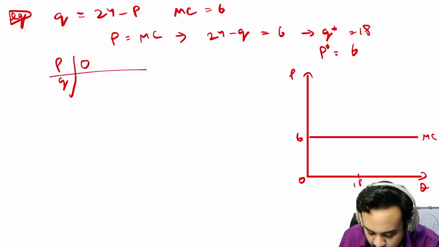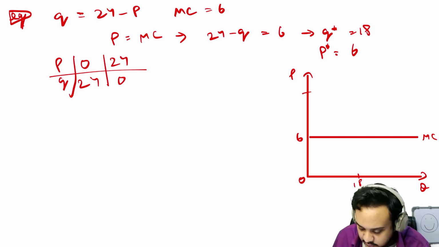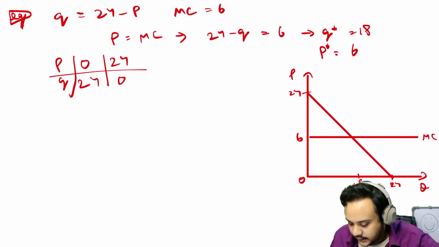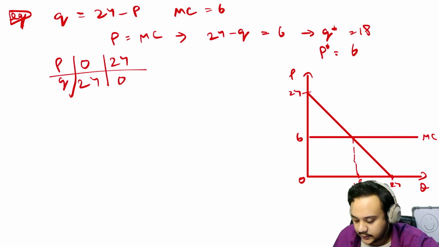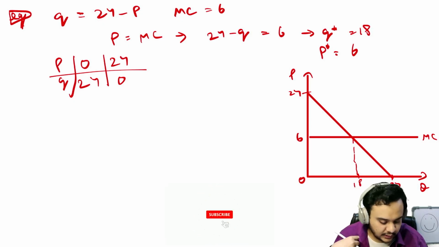If P is 0, Q is 24. If Q is 0, P is 24. So the maximum values are both 24, so that we can draw the demand curve. And this is the point where we have 18. This is the equilibrium point. So the equilibrium price is 6, and the marginal cost is also 6. Now let us move on.